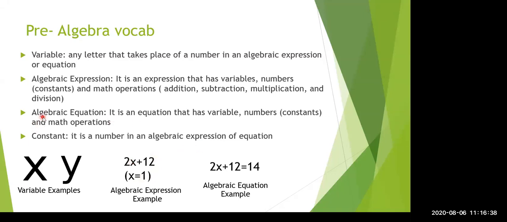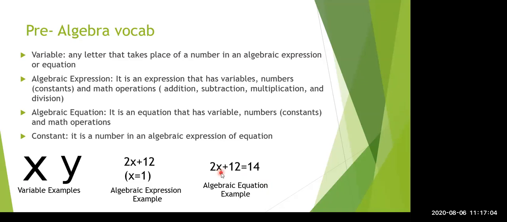An algebraic equation is an equation that has variables, numbers, and math operations. One example is 2x plus 12 equals 14. The major difference between these two is that the equation has an equal sign: 2x plus 12 equals 14.